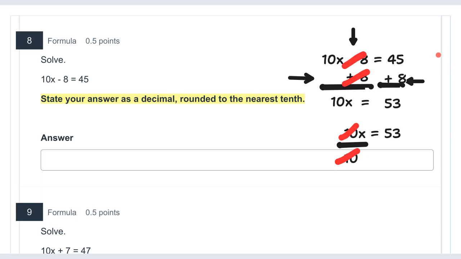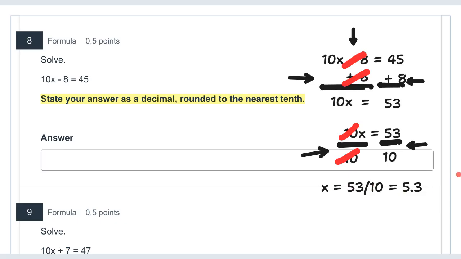But since I divided this side by 10 here, then I also have to divide this side by 10 over here. So that gives us x is 53 divided by 10, which is 5.3.